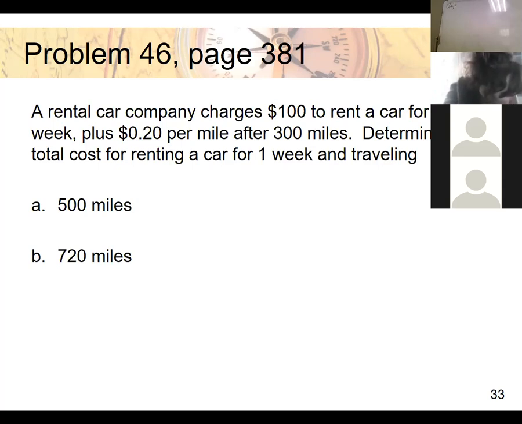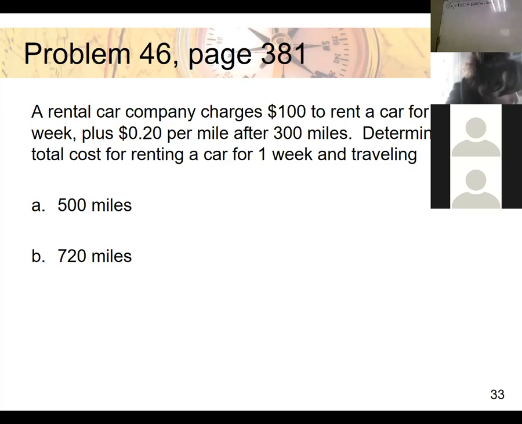So the rental car company charges $100 to rent a car for 1 week, and then plus 20 cents for each mile after 300 miles. So if it's over 300, then that means we need to subtract: the number of miles minus 300.